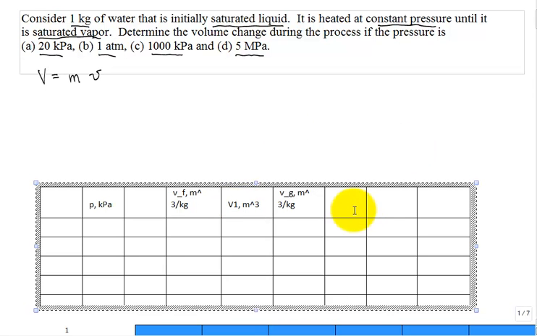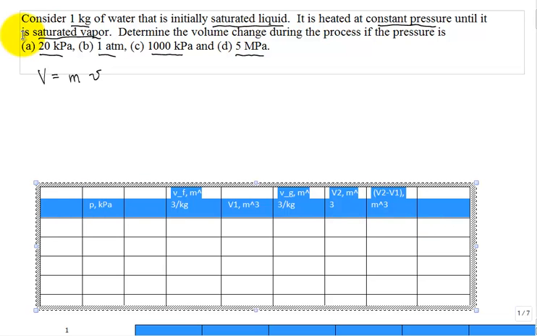Likewise, we'll calculate the volume at the final state 2 in meter cubed. Then over here we'll have the difference in the volume, V final minus V initial, in units of meter cubed as well. So that's the goal here.